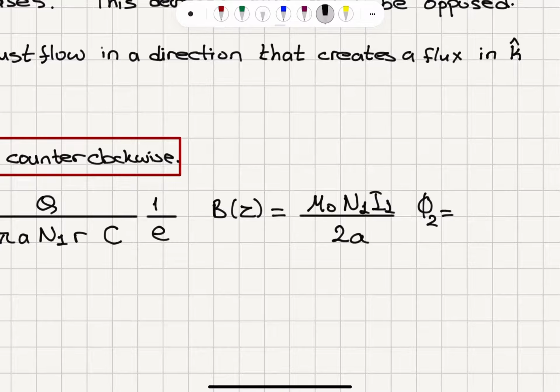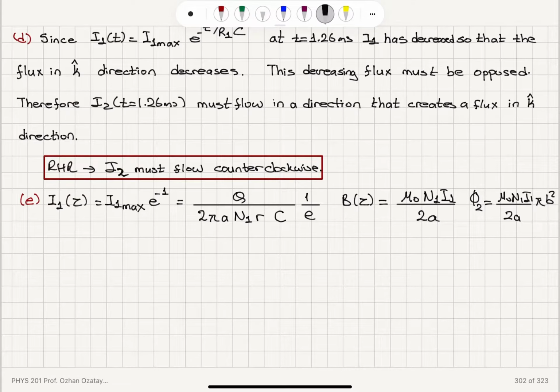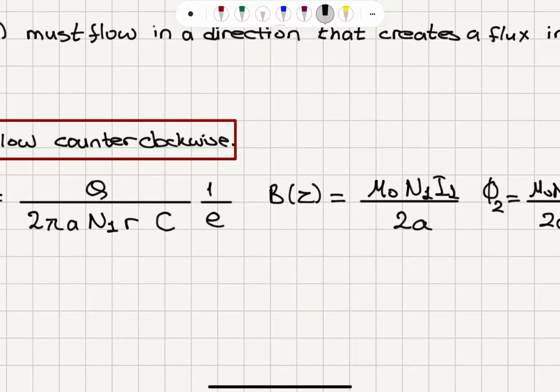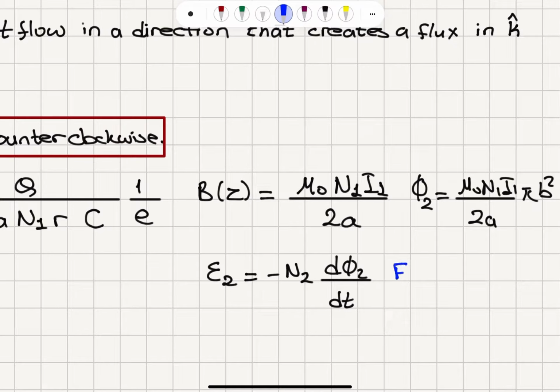It is this magnetic field, mu0 N1 I1 divided by 2a, multiplied by the area of each of the smaller coils, so pi b squared, the radius squared. Now you can see that the induced EMF in the smaller coil will be equal to minus N2 d phi 2 dt. Why? That is Faraday's law.